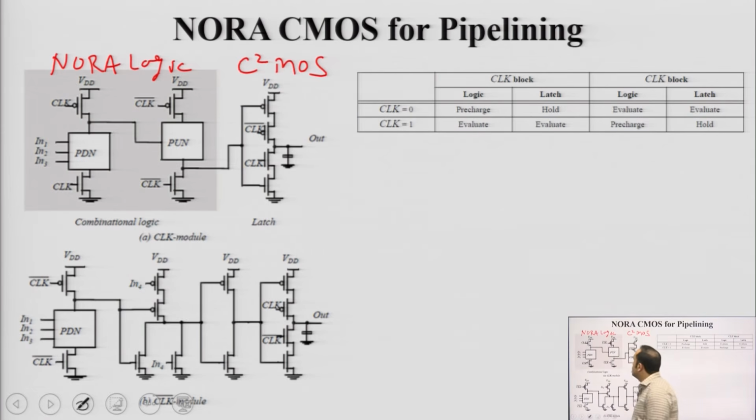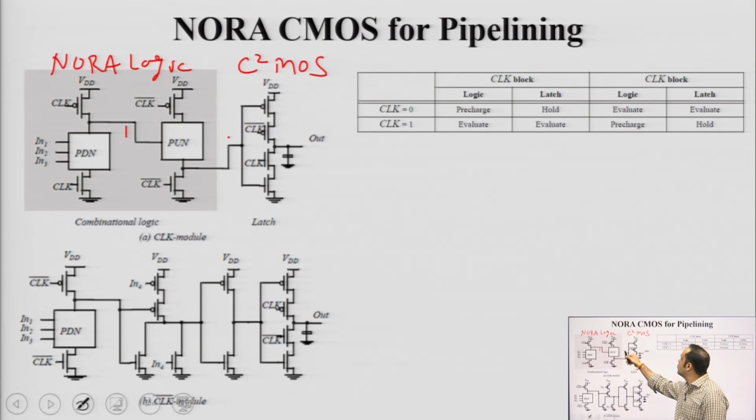So, you have, say, a pull down network consisting of NMOS, all the inputs applied here, supplying its output to a pull up network. When clock goes 1, your NMOS is evaluating, and when clock is 0, it is charging. This sub part is charging, this is discharging, and when clock is 1, this is evaluating, and your output is taking the value depending upon whatever logic is there.